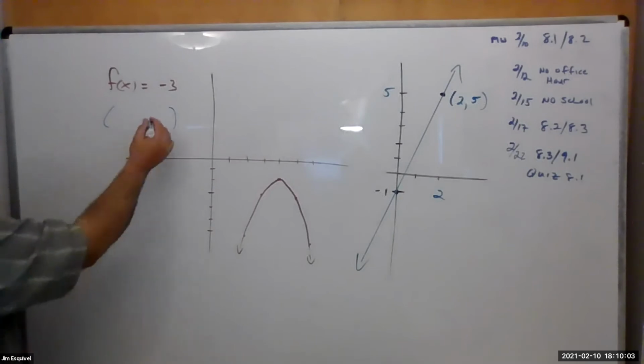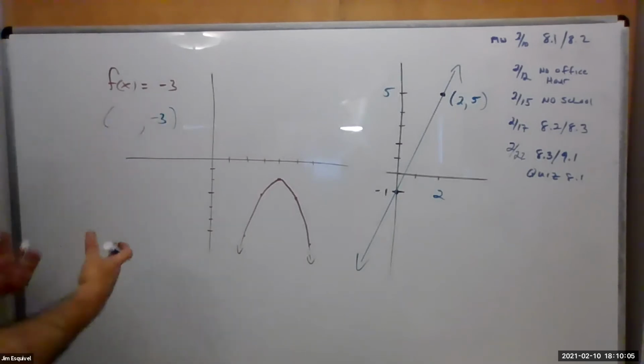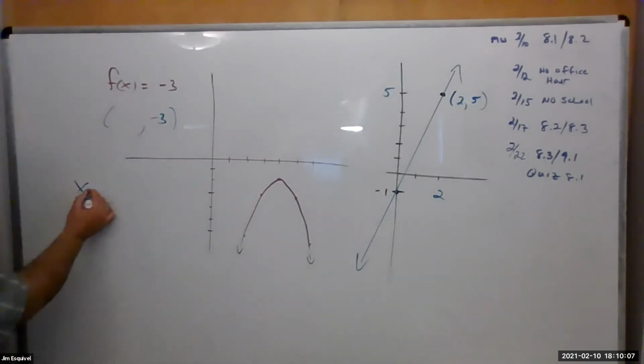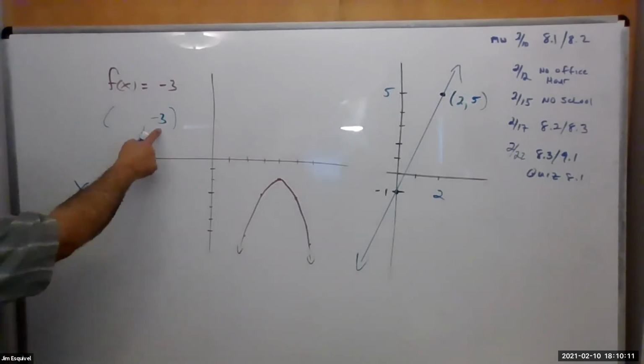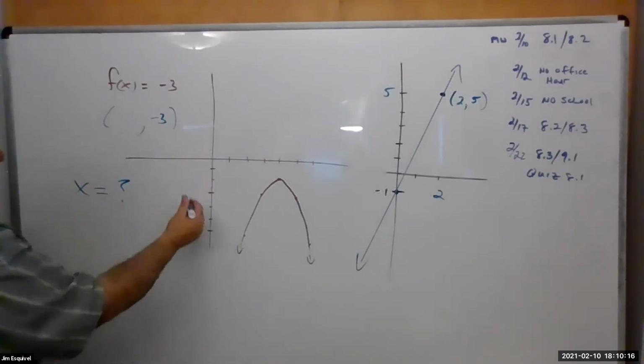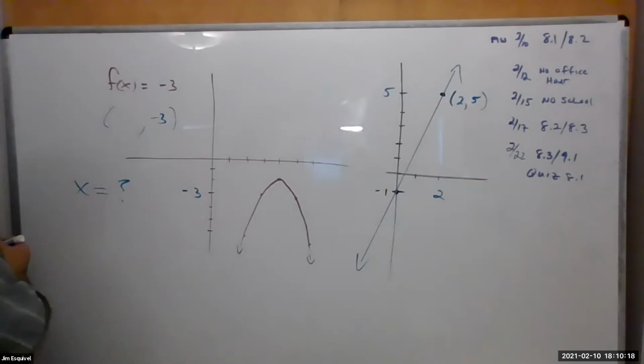The y. Think about the direction: it said find the x values, so if it says find the x values, that -3 must be the y. So on the y-axis, here's -3.